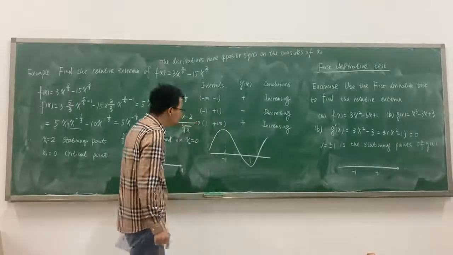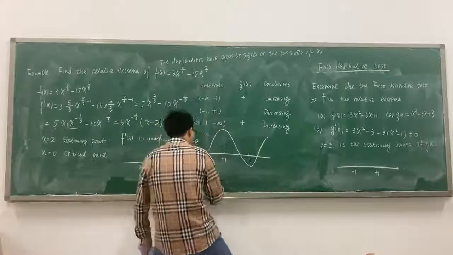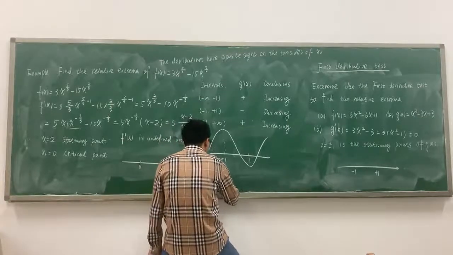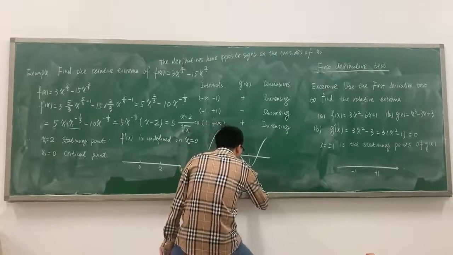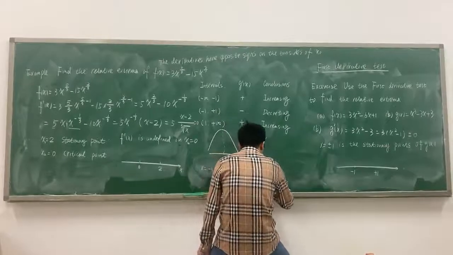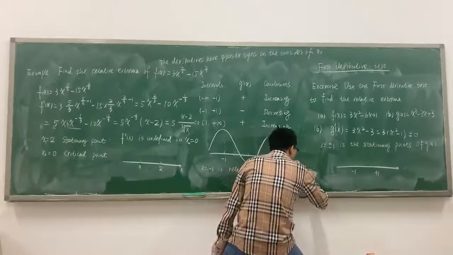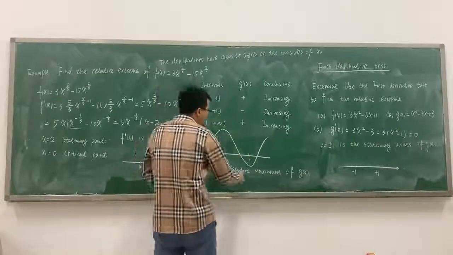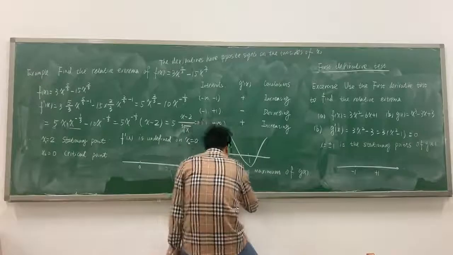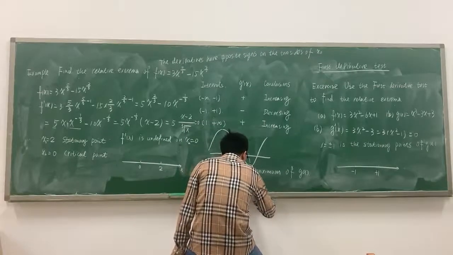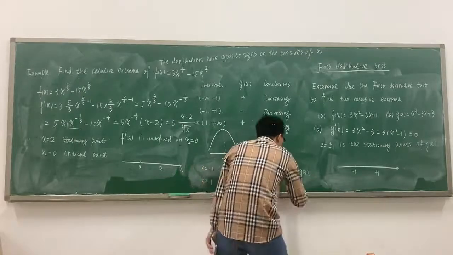So we can see that x equal to minus 1 is the relative maximum of g(x), and x equal to 1 is the relative minimum of g(x).